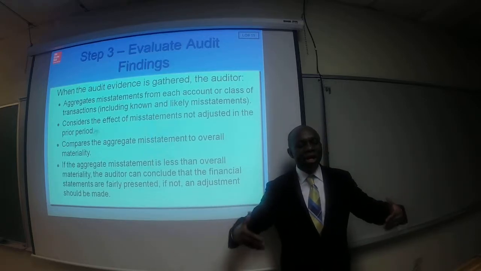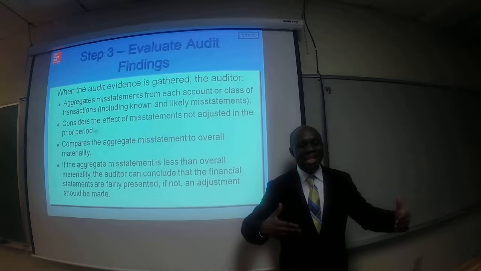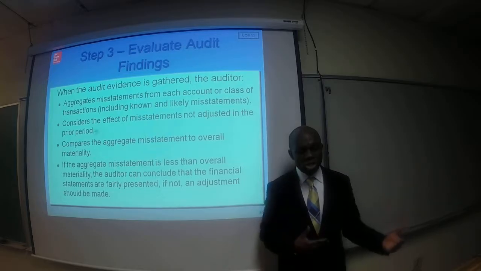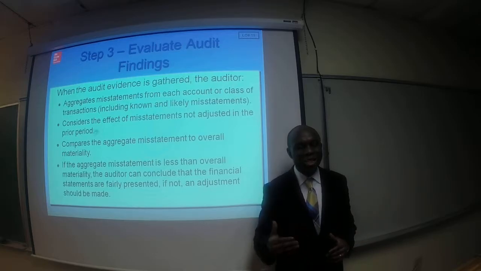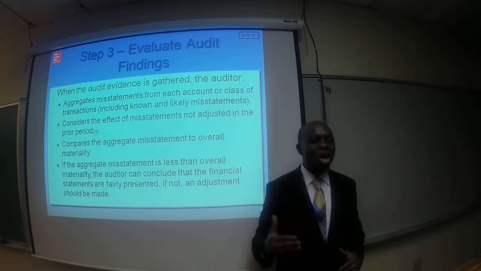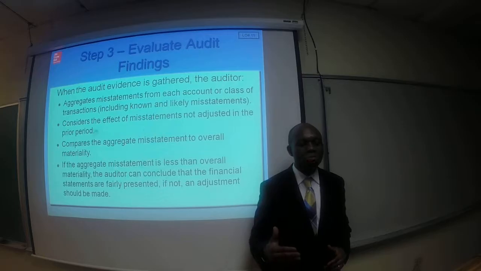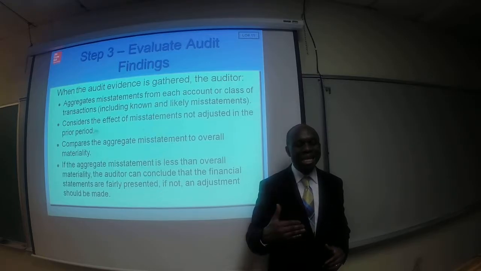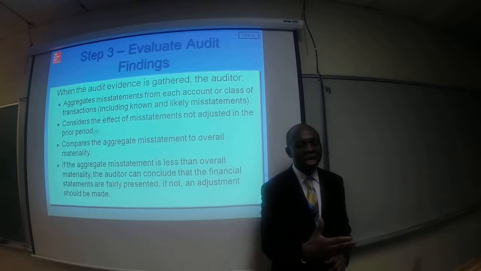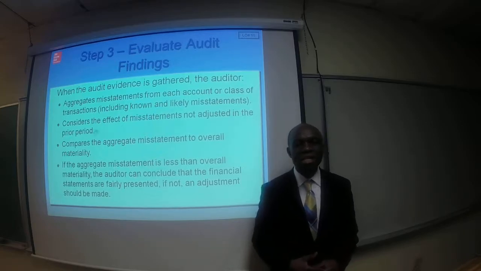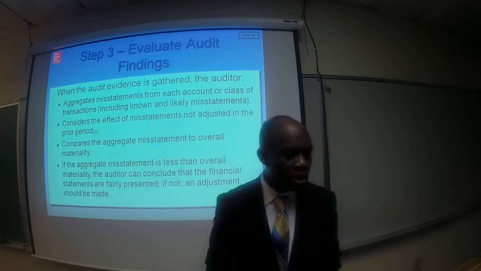If the aggregate misstatement is less than overall materiality, that is, all the different misstatements put together is less than the overall materiality, the auditor can conclude that the financial statements are fairly presented. If not, then the auditor needs to ask the company or the client to make the necessary adjustment.